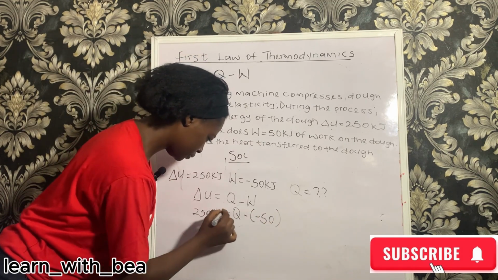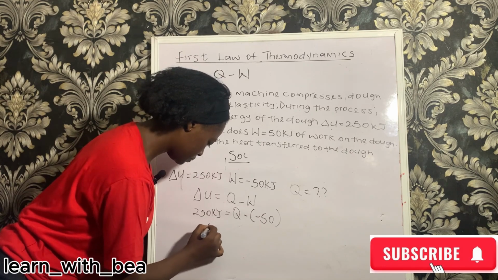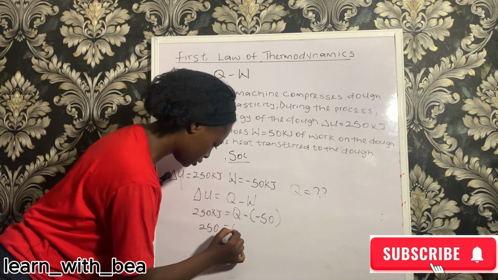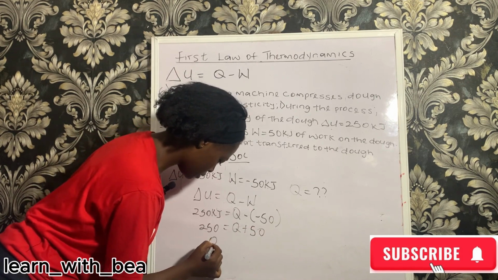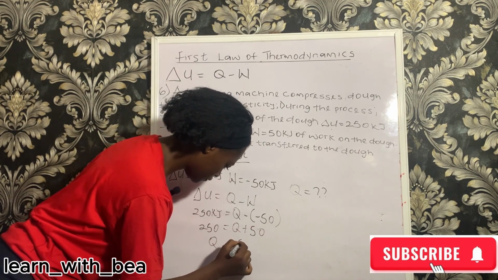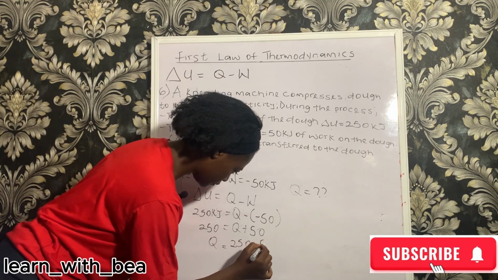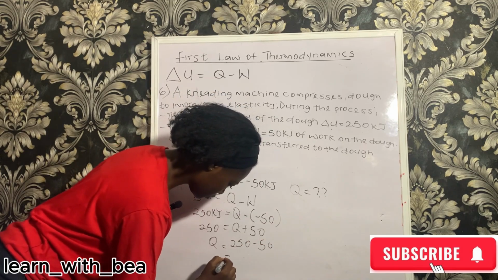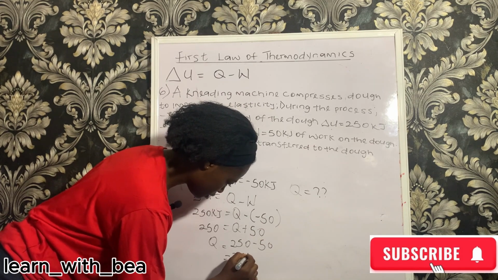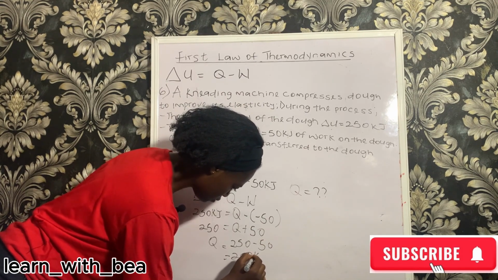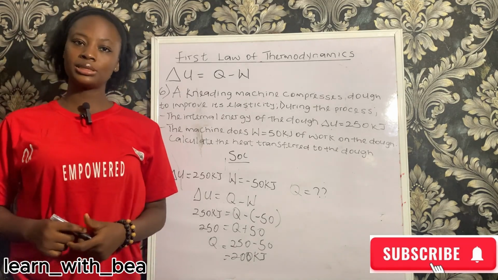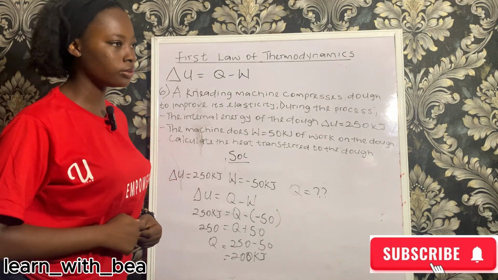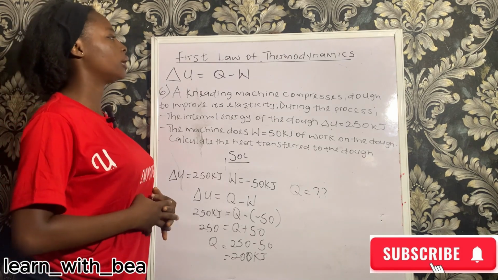So we have 215 equals Q plus 50, right? So our Q is equal to 215 minus 50, which is equal to 165 kilojoule. So guys, this is where we'll be stopping for the first law of thermodynamics.